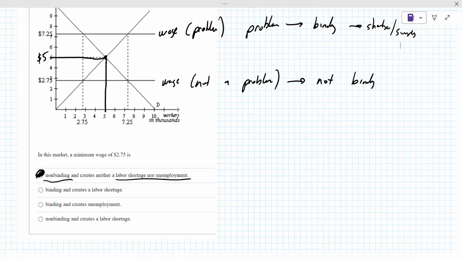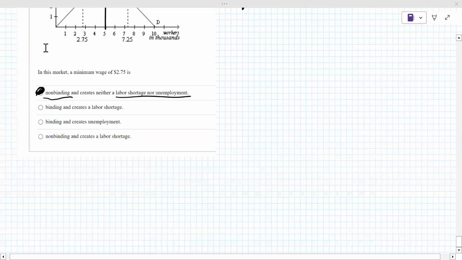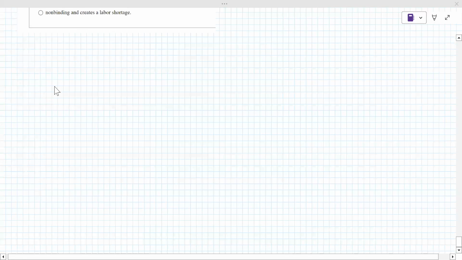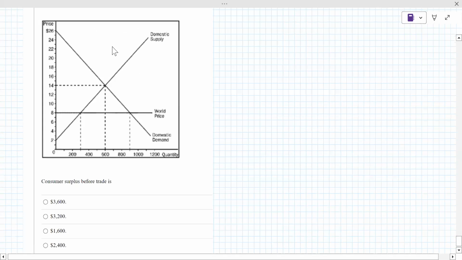All right, I'm just trying to figure out if there's another good numerical problem here. Let's do 10. 10's one we've kind of talked about, so it should be somewhat familiar. All right, so it says consumer surplus before trade.